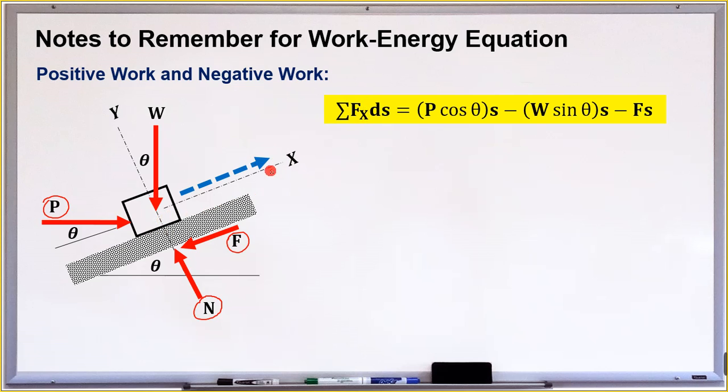So why is it nga x man? Because that is the direction of motion. So we don't have any work along the y-axis because the block does not move, no, along the y-axis. So only the x-axis. So that is why summation of forces along the x or along the direction of motion times the distance is equal to these forces.